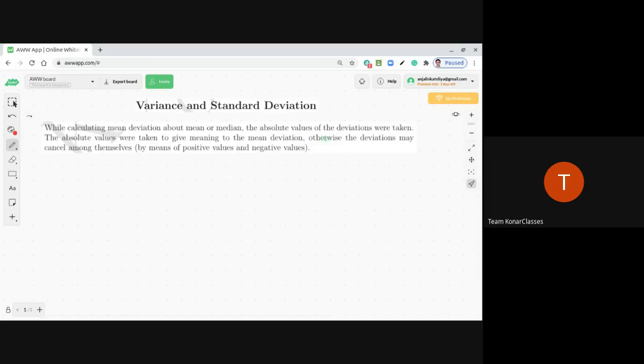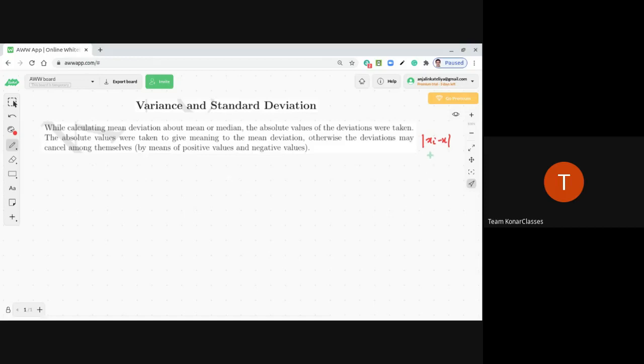That you remember, mod of xi minus x bar. The absolute values were taken to give meaning to the mean deviation. Otherwise, the deviations may cancel themselves by means of positive value and negative value.